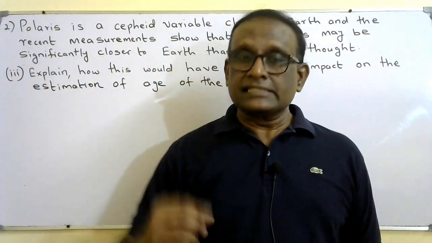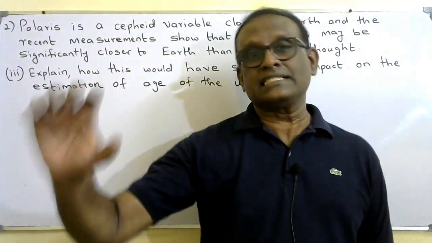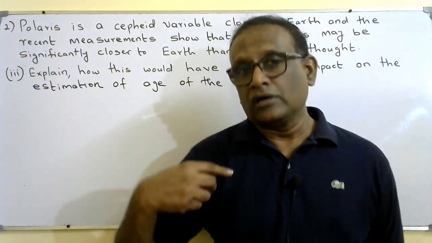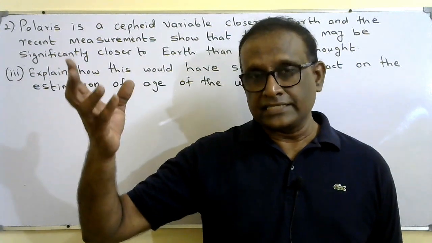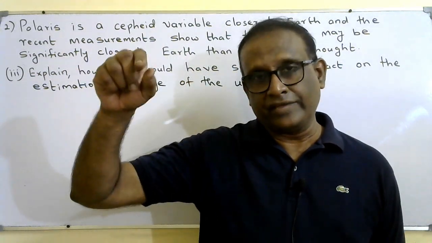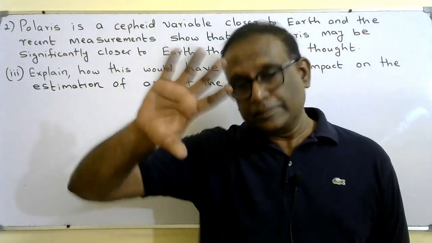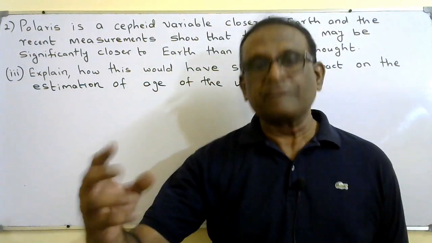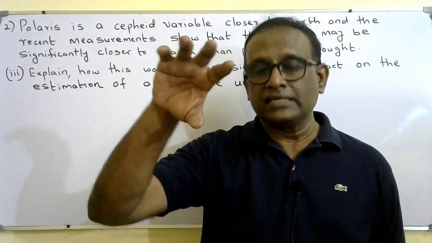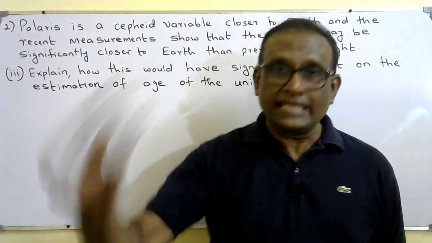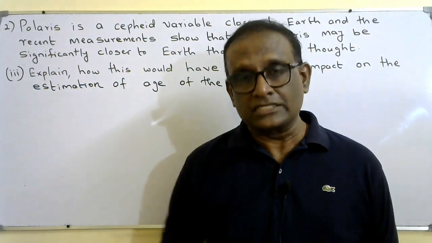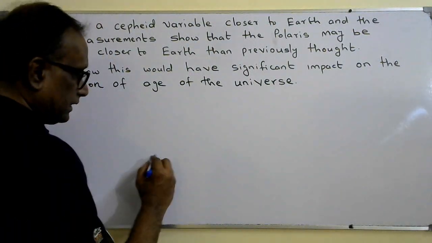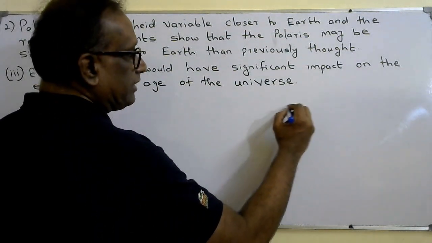That means the distances of far distance galaxies are going to be smaller, because how do we measure the distance of far distance galaxies? We measure the distance of the Cepheid variable in the galaxy. Then we say the galaxy which contains the Cepheid variable is also at the same distance. Say for example, we measure from Earth the distance of the Cepheid variable.